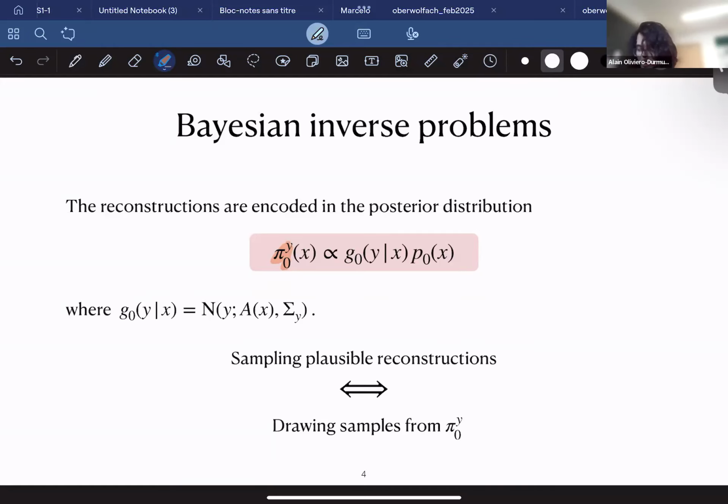I will present one common adaptation for sampling from this type of distribution, and you can see our method as a kind of extension of a current one. So the general goal is really to tackle the problem of sampling from this type of distribution, which is proportional to a known likelihood, G0, times a distribution which comes from a diffusion model.